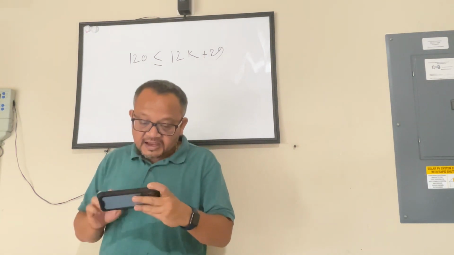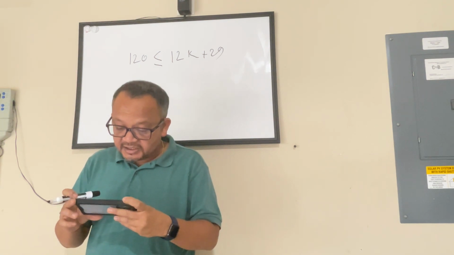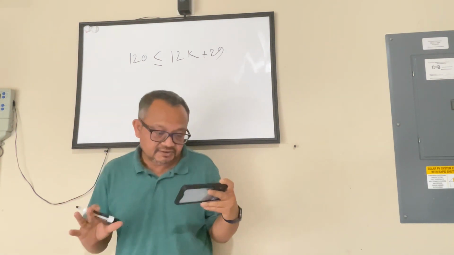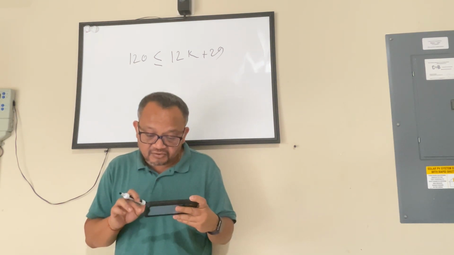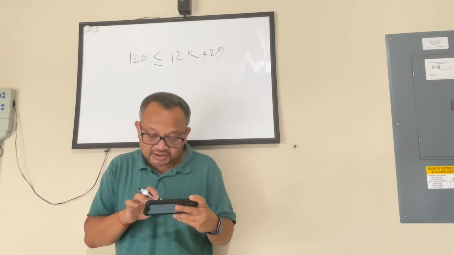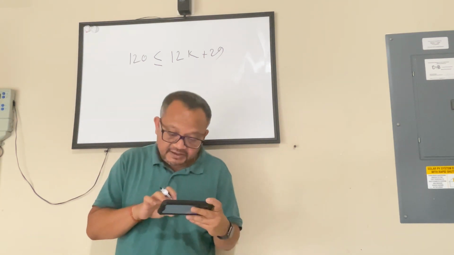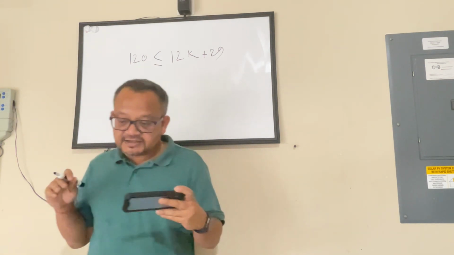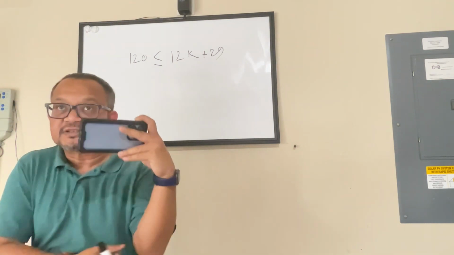Felicia has 12 buttons in her collection. She will collect 20 new buttons every year.